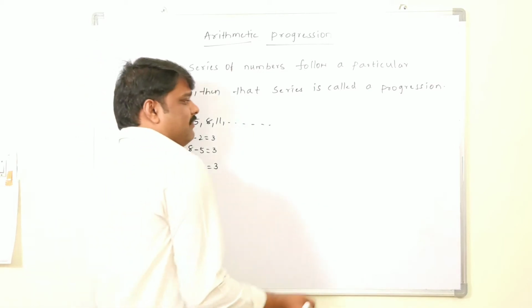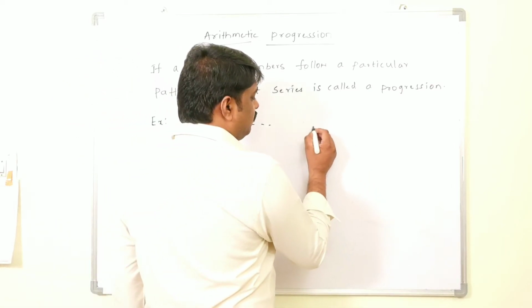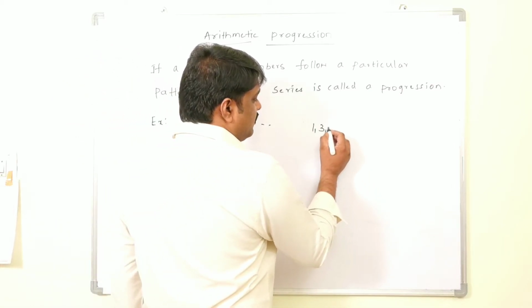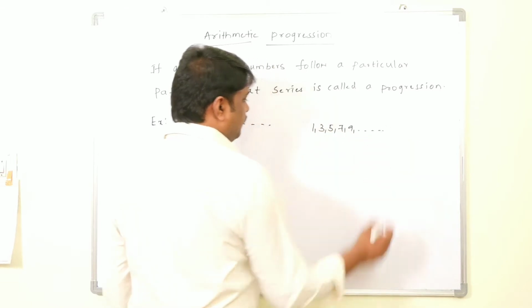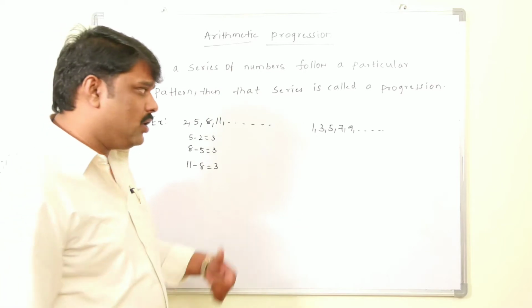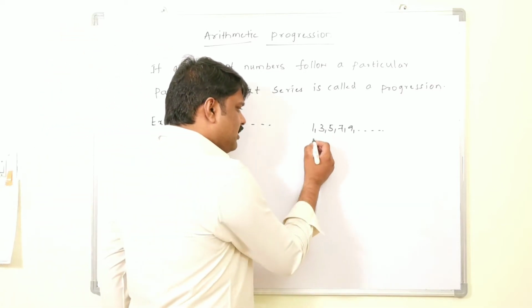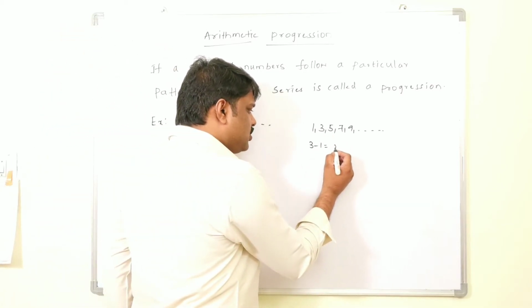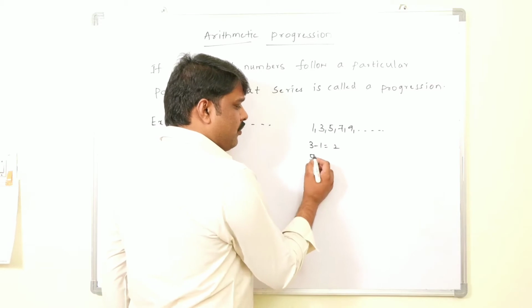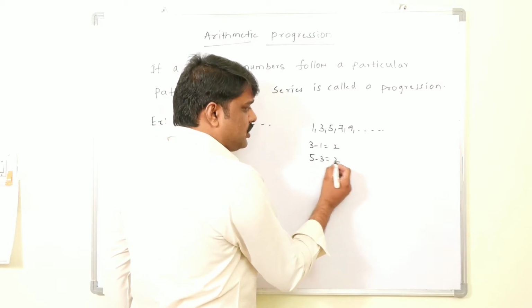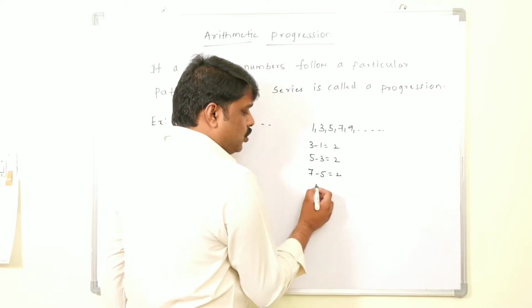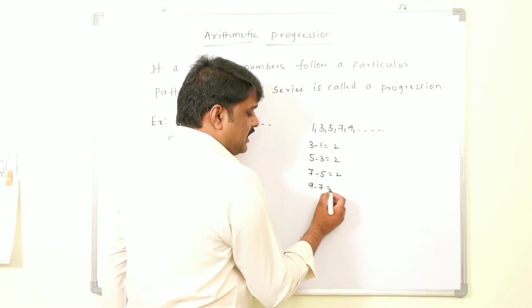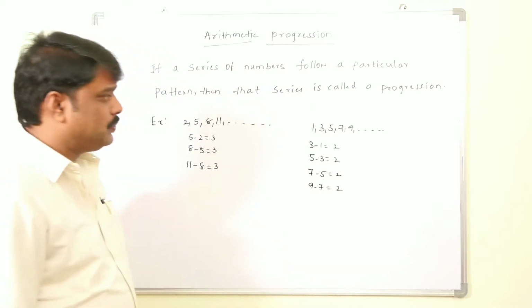Okay, let us take one more example. Odd numbers 1, 3, 5, 7, 9 and so on. Here also 3 minus 1 is 2. 5 minus 3 is 2. 7 minus 5 is 2. 9 minus 7 is 2.